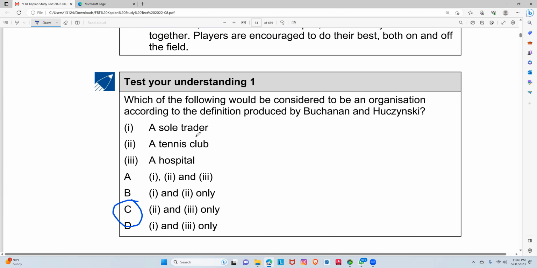But on the face of it, a sole trader is not. But a tennis club, yes, it is, क्योंकि वो एक organization है. Same goes with the hospital also. Okay, everyone clear with it?